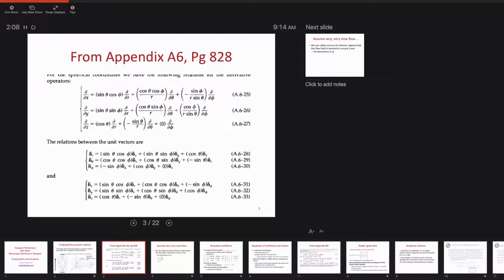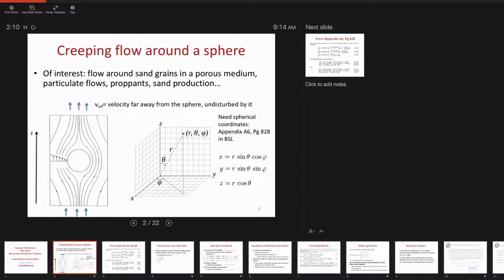And I can see that here in the streamlines, essentially. I have dependence in these streamlines both on how far away I am from the sphere center, as well as where I am. Am I here, here, here, here, here? So that's that dependence both on theta and r.